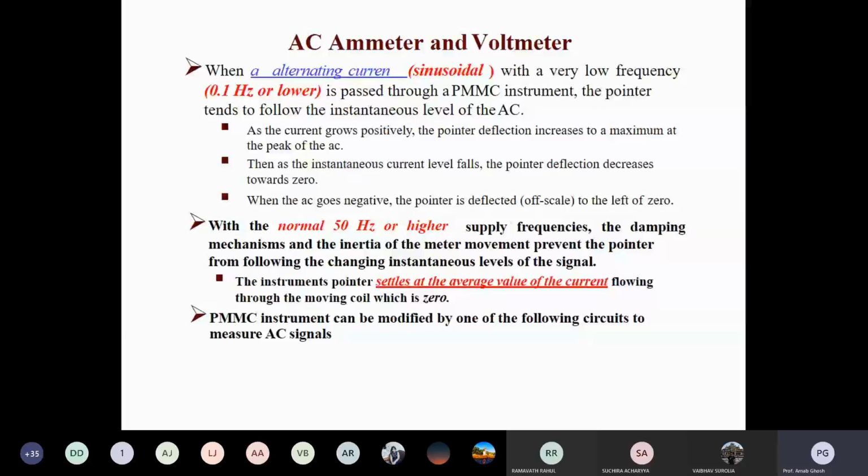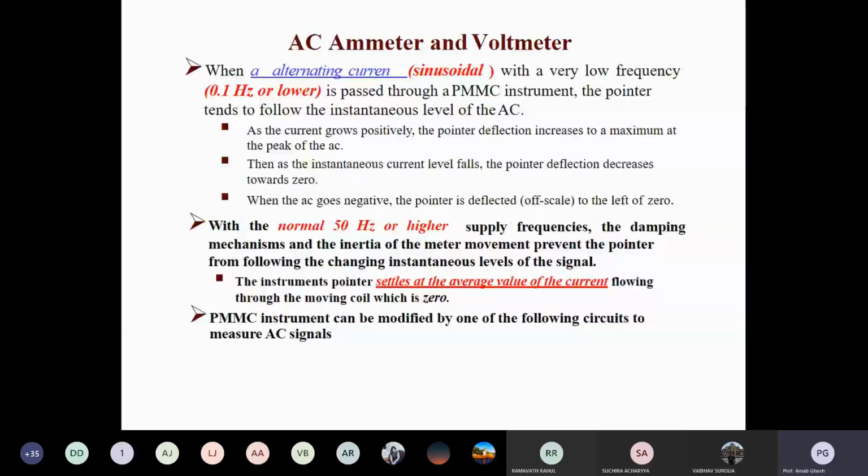Definitely we are more aware of the RMS value. But when you directly connect AC quantities, voltage or current, to the PMMC instrument, what happens? It is not able to deflect steadily.